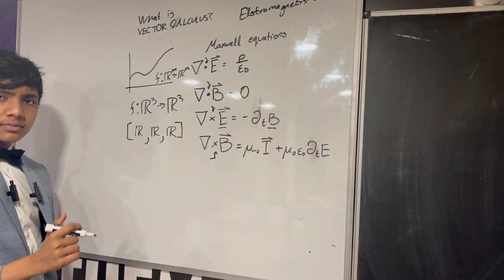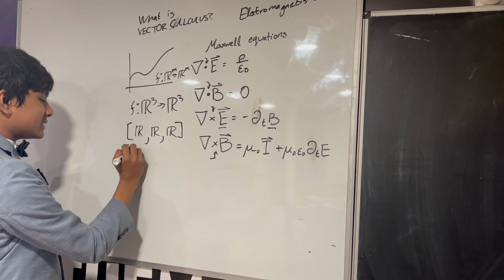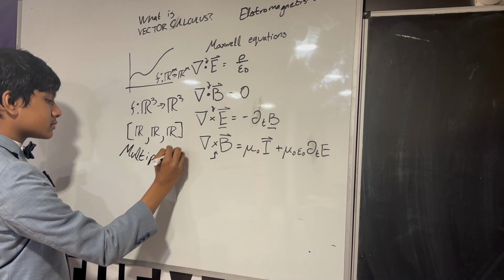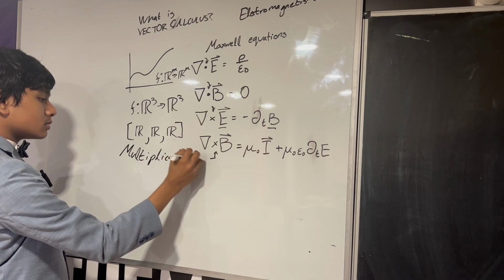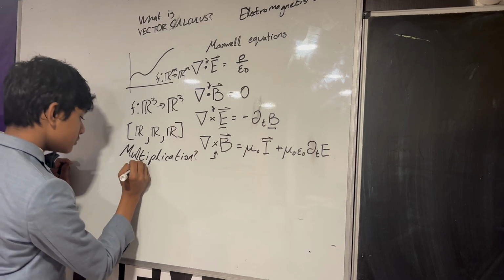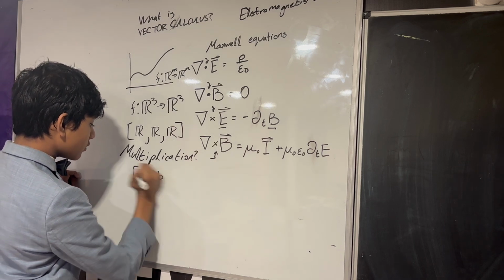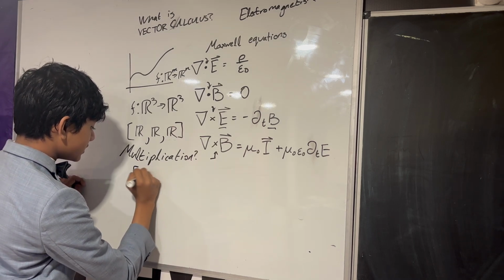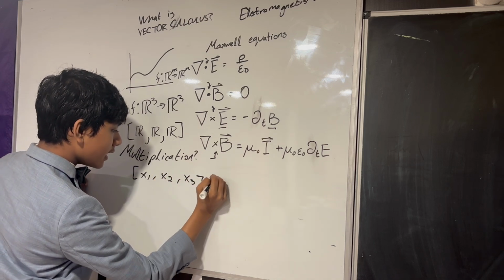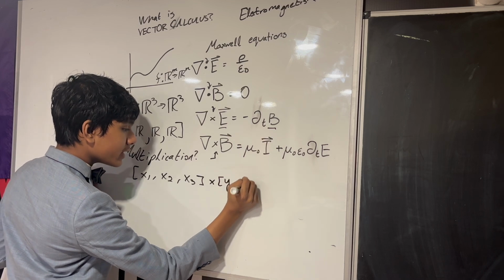But then we come to the subject of multiplication. How do we define multiplication here? Now, your instincts might take you to, or we'll use more sleek notation, x1, x2, x3 times y1, y2, y3.